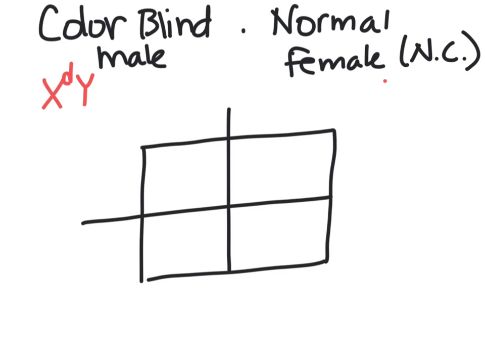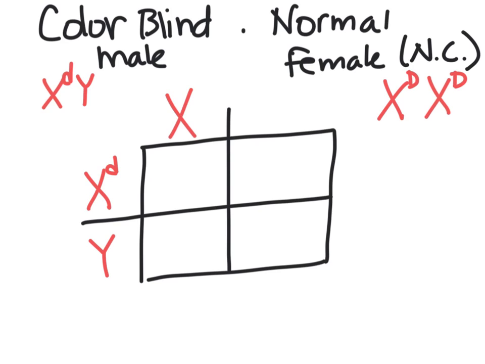The female will be XX, and she is not a carrier, so she will be capital D, completely normal. So if we place our male here, we have X lowercase d that he may pass on, or the Y. Then the female will be X capital D and X capital D.